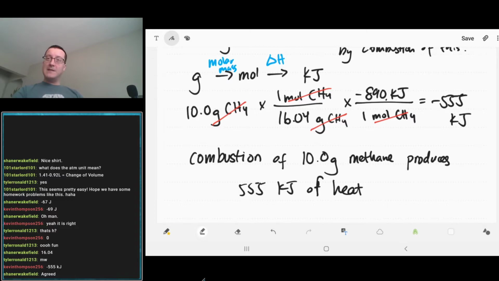We remember that the sign of Q, if it's negative, means it's exothermic, right? It's giving away the heat. So typically when we say these things in words, we just say positive, but we understand from our calculation that the negative heat there meant it's being produced. It is a product of the reaction. It is going to go into the surroundings and heat something else up.